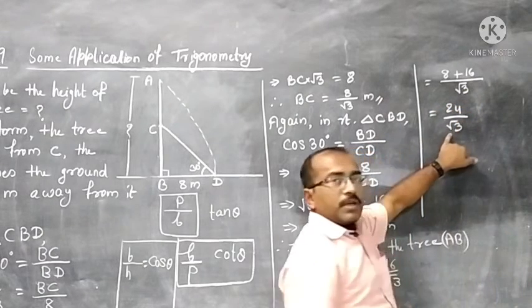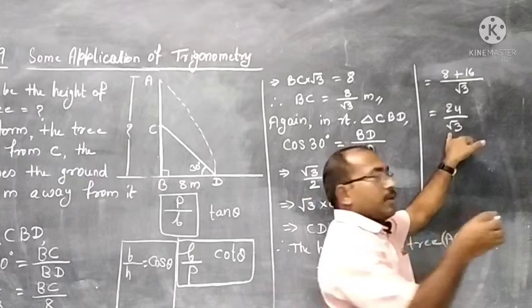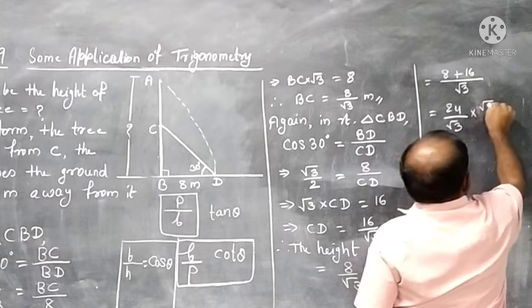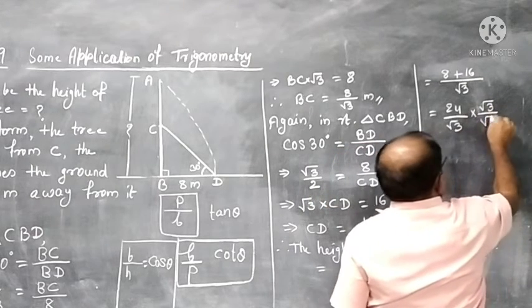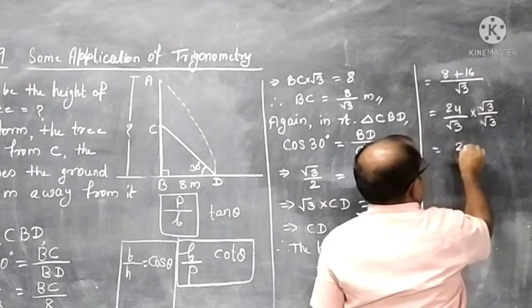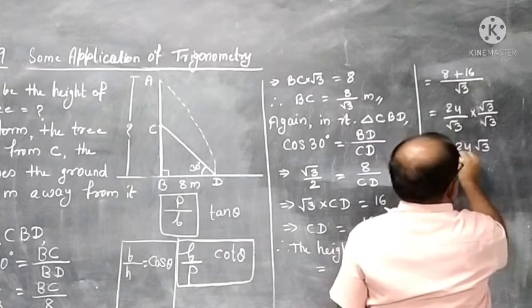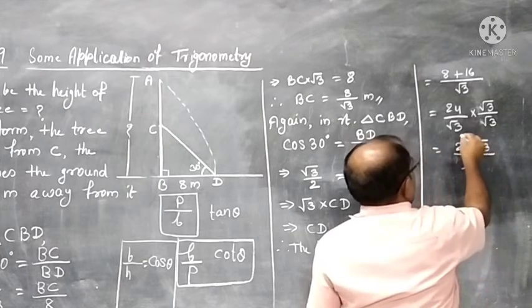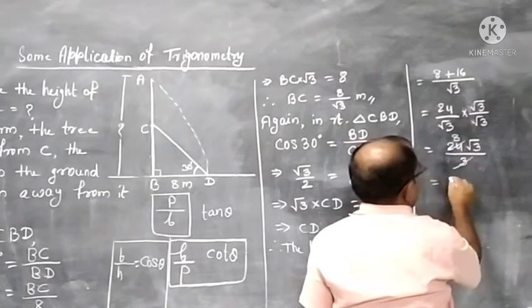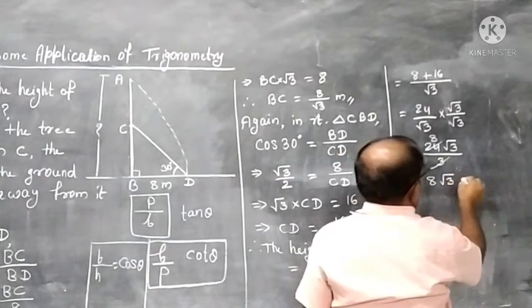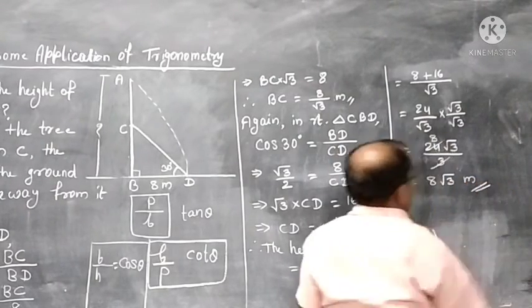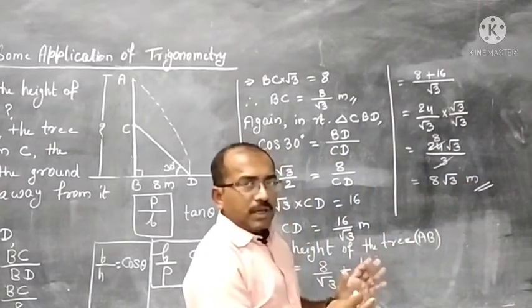We have got an irrational number in the denominator, we will rationalize it. Root 3 by root 3, we will get 24 root 3 by 3. 3 ones are 3, 8 threes are 24. We all know this calculation, 8 root 3 we have found. So, this is the height of the tree.